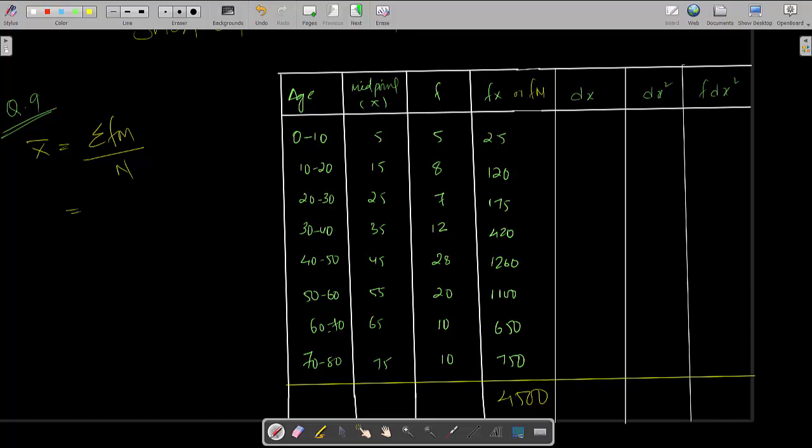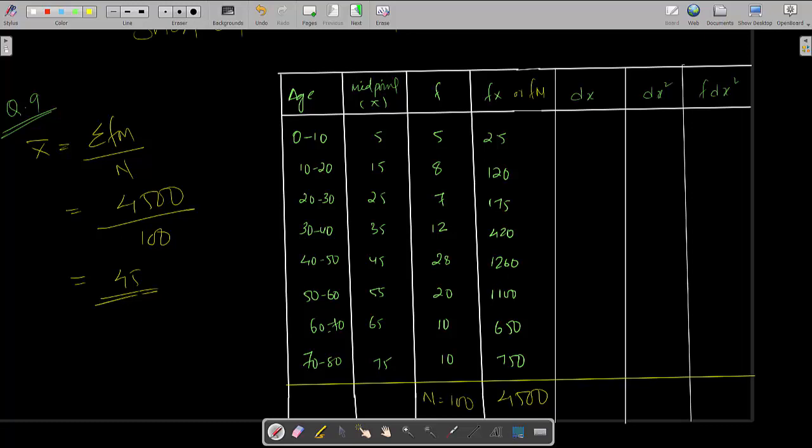So fm is 4500 by n, the sum of the n value, and here it is 100. If you add all this up, you will get 100. So 4500 by 100 is equal to 45. Now this 45 is our mean value.